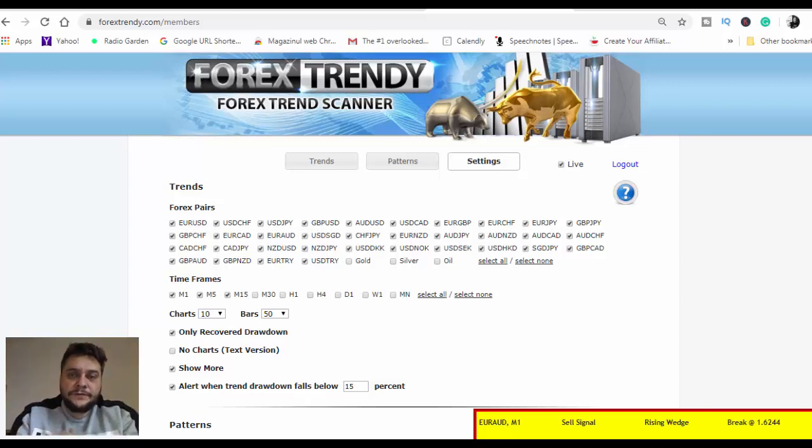So if you purchase Forex Trendy, you will have charts in real time for over 30 of the most used currency pairs, and an interface that is very user friendly.